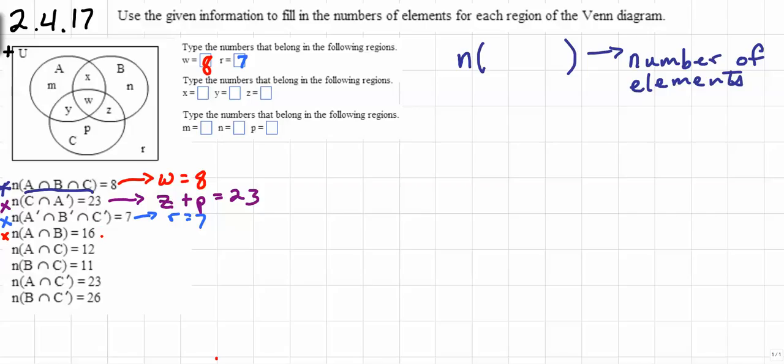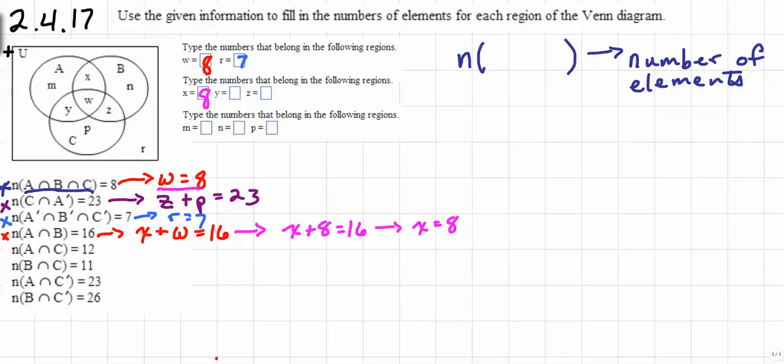We note that this is going to become regions X plus W, and that's going to be equal to 16. But remember that we've already figured out what W is. W is 8. And that means that I'm going to end up with X plus 8 is equal to 16, and therefore X is equal to 8. So I can go ahead and assign the number 8 for X.